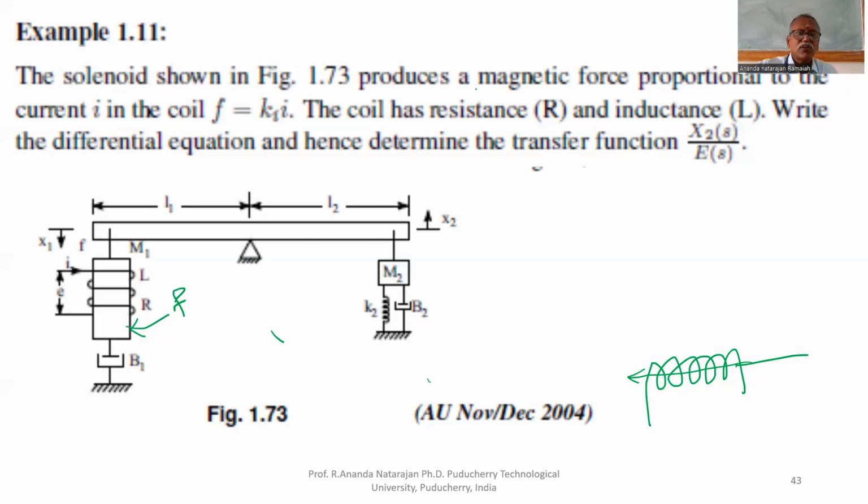The force developed in the coil is equal to K i1.